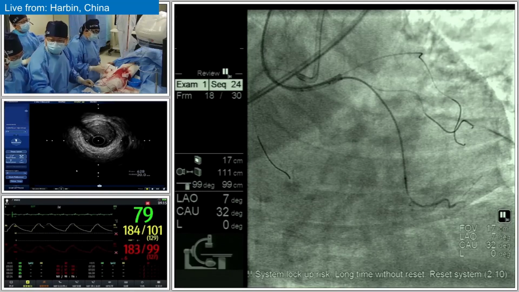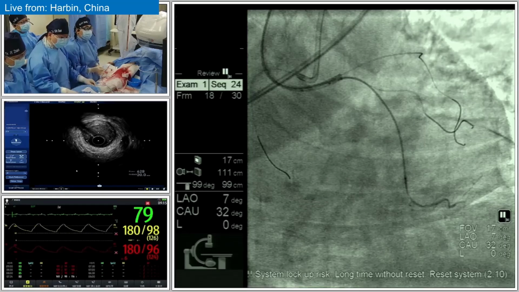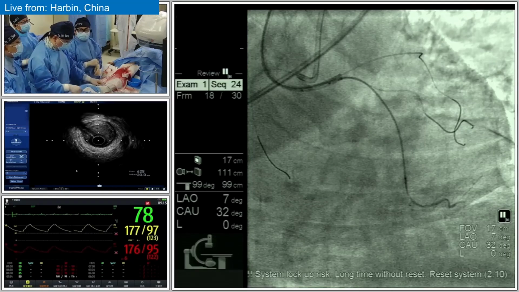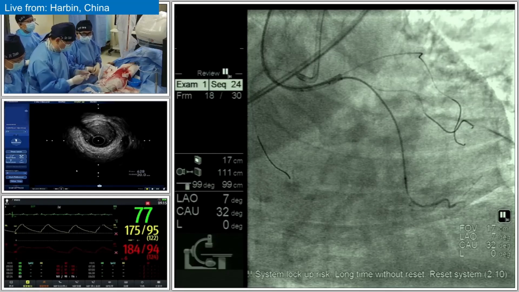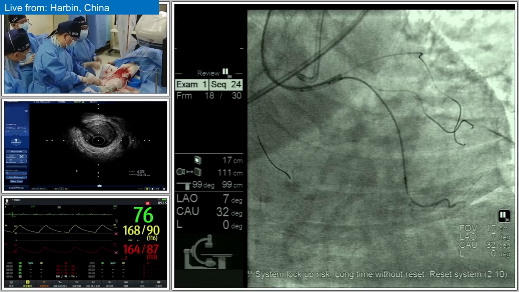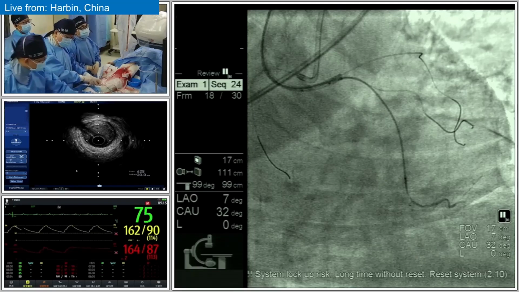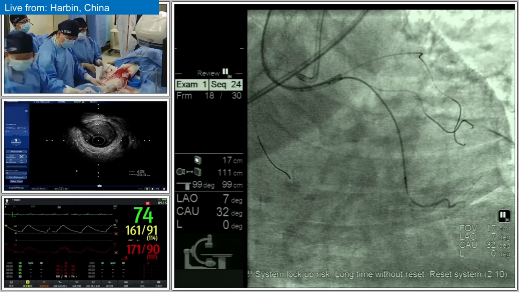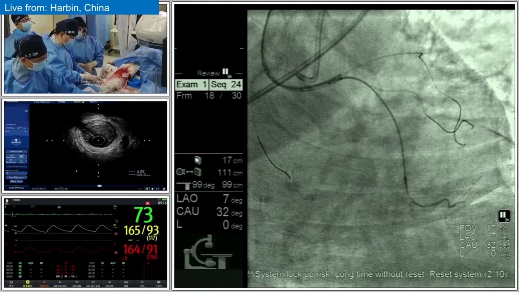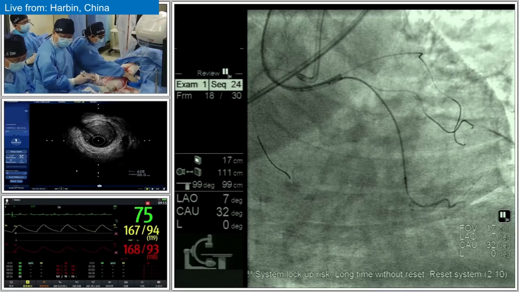After predilatation, next we will perform IVUS imaging to help us with the next PCI step, for example the DB or DS.